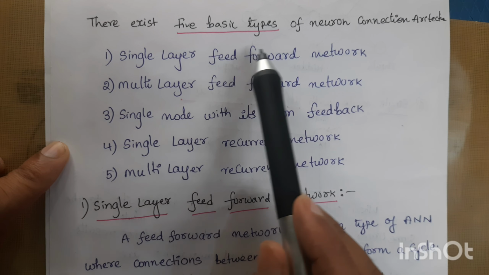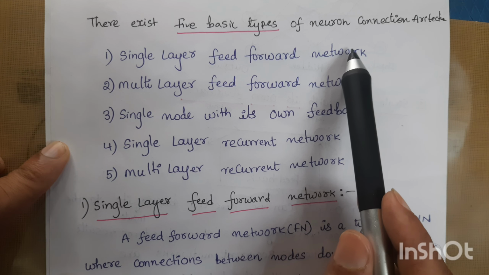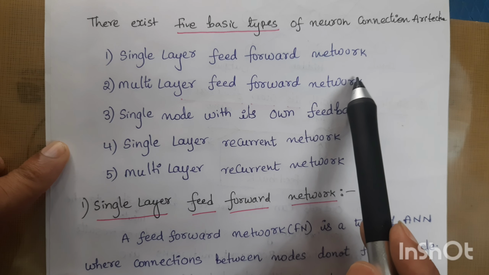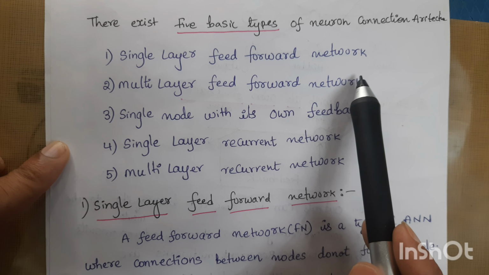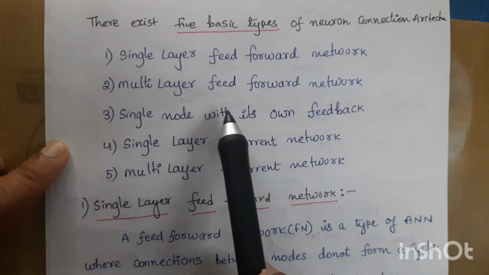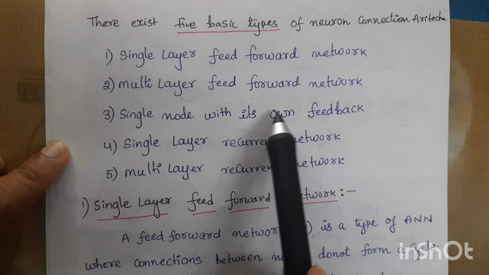Single layer feed forward network. It contains only inputs and outputs. Multi-layer feed forward network. It contains inputs, outputs as well as a hidden layer. Single node with its own feedback. It contains the feedback.